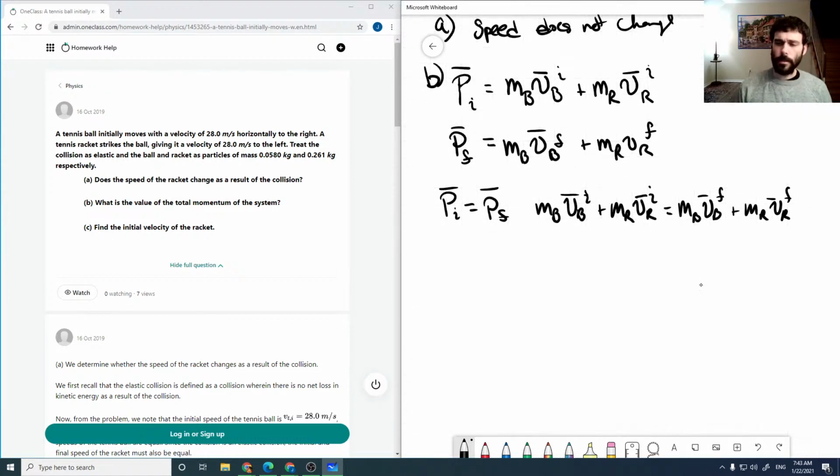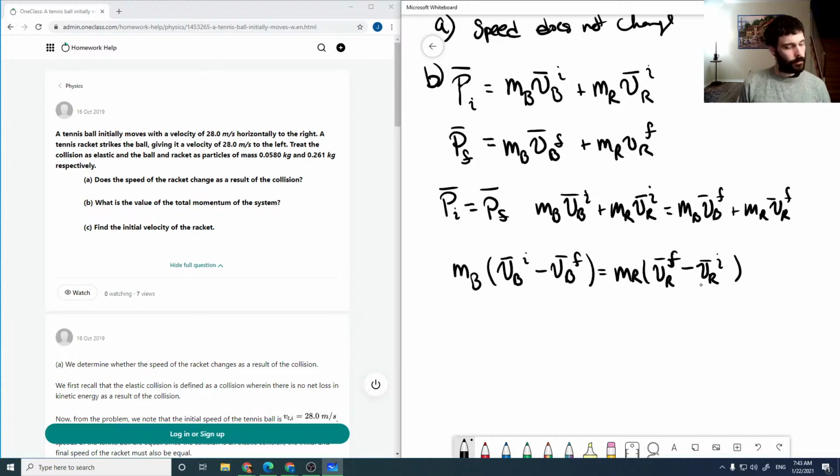So we can rearrange this equation to just bring each of our components on either side. So v_BI minus v_BF, mass of racket, v_RF minus v_RI.